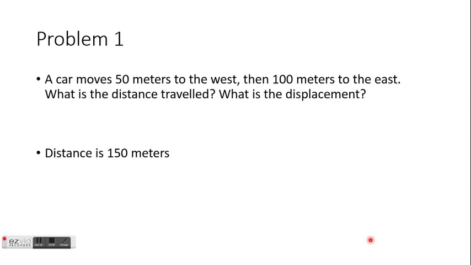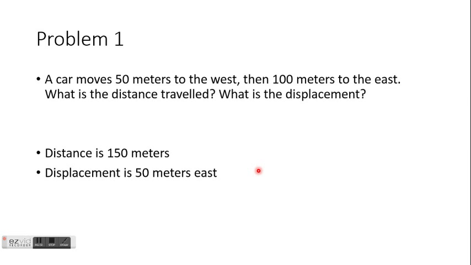But for the displacement, you move 50 meters west and 100 meters to the east, so the displacement is 50 meters to the east. Important difference, but usually in most physics problems they're going to be the same because you're not going to be fluctuating back and forth.